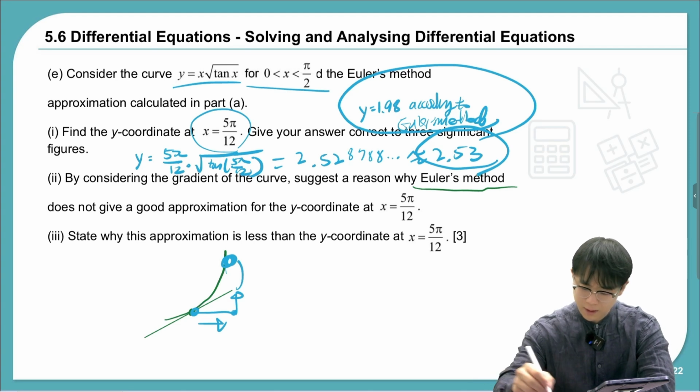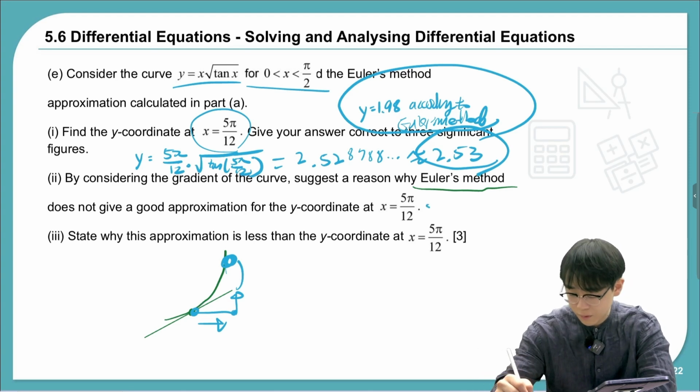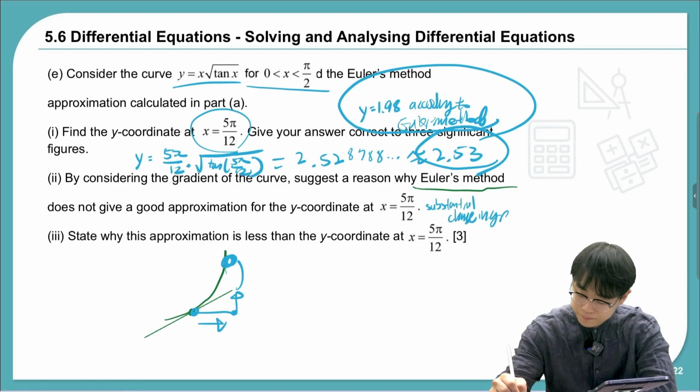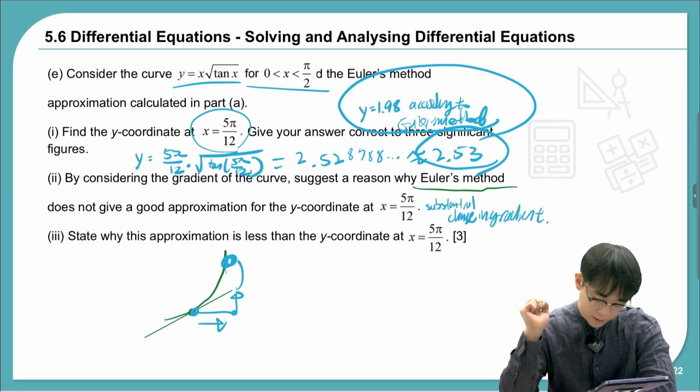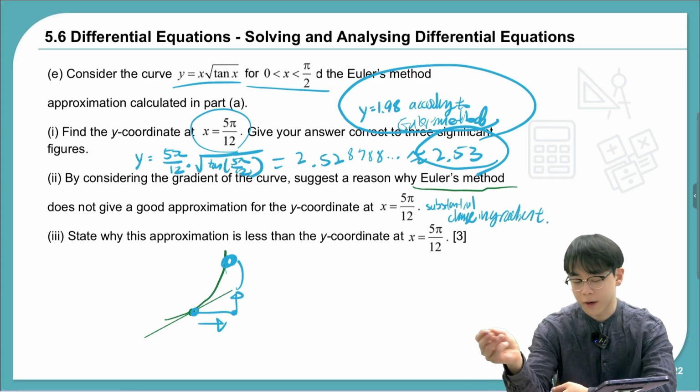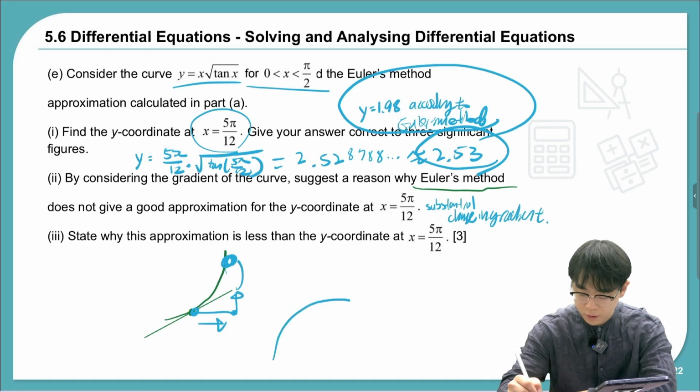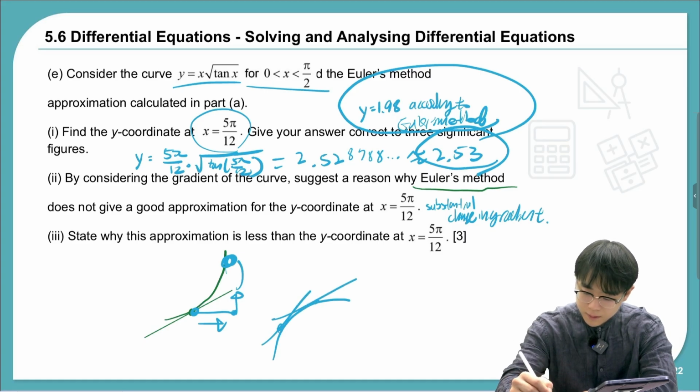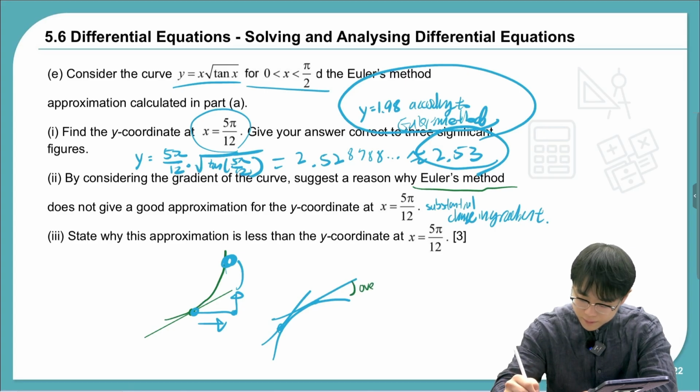So why does it not give a good approximation? We would just say there's a substantial change in the gradient. So we could have overestimated or underestimated. So usually when it's concave down, we would end up overestimating. So this would be like the overestimate.